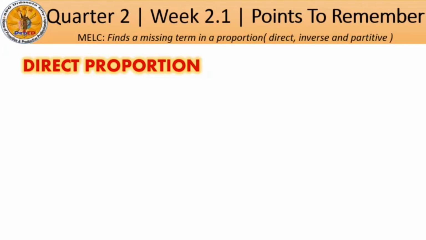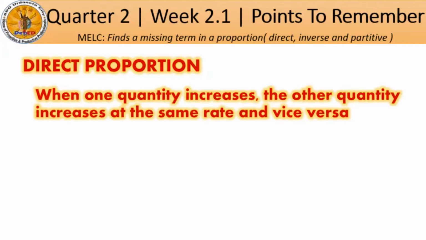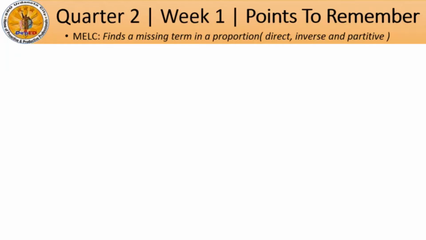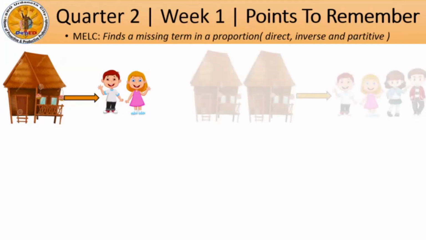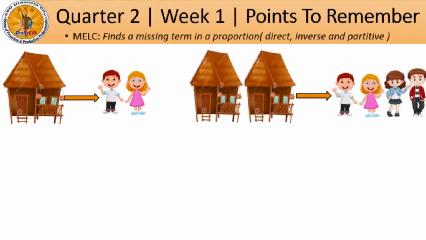In this type of proportion, when one quantity increases, the other quantity increases at the same rate and vice versa. Let us take this illustration. In one house, two people will live on it. But if the number of houses increases, the number of people will also increase. So if there are two houses, 4 people will live on it.